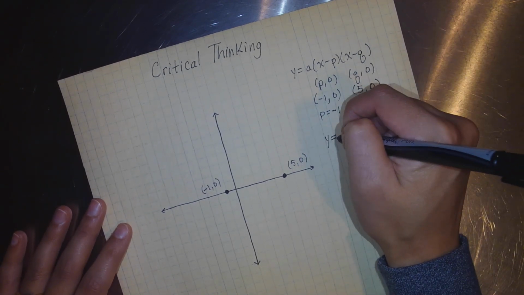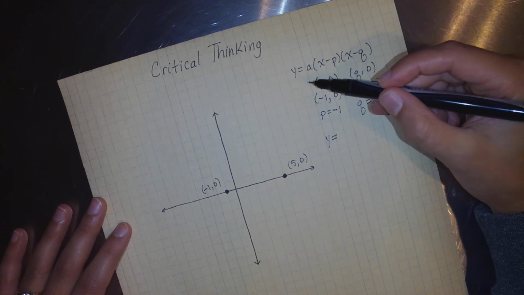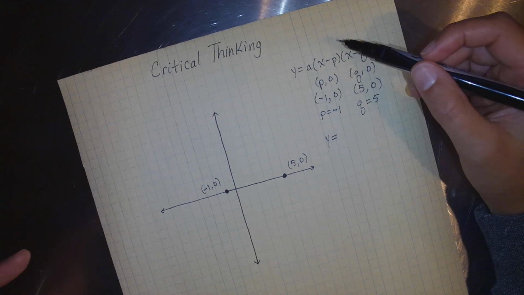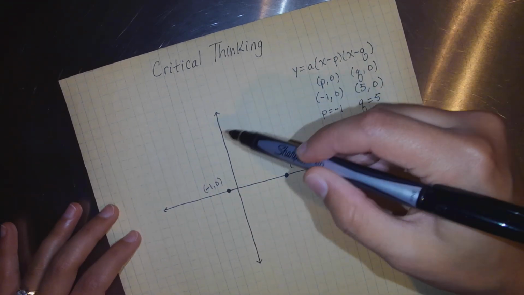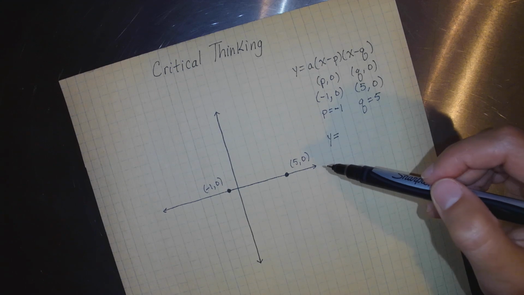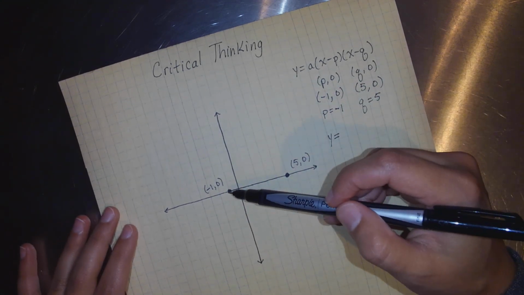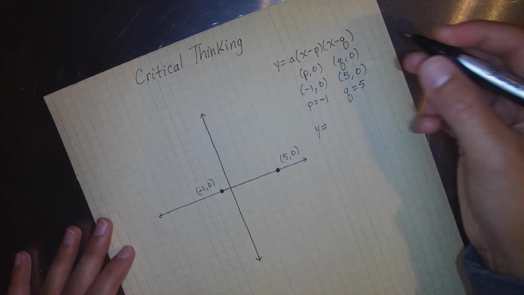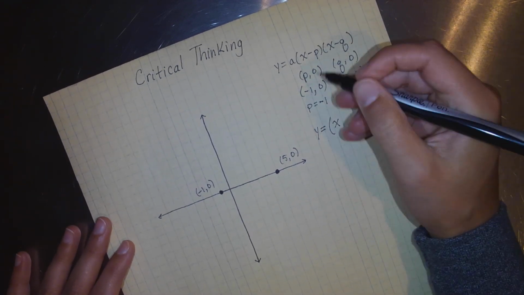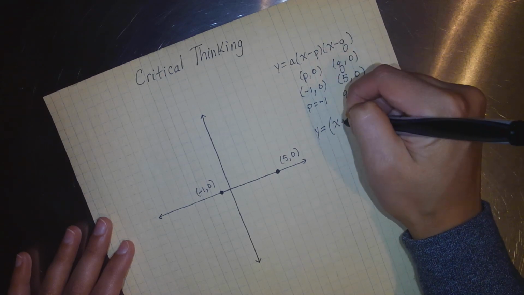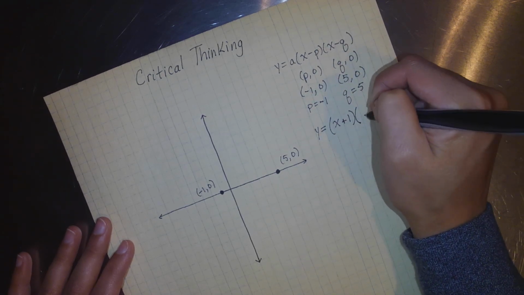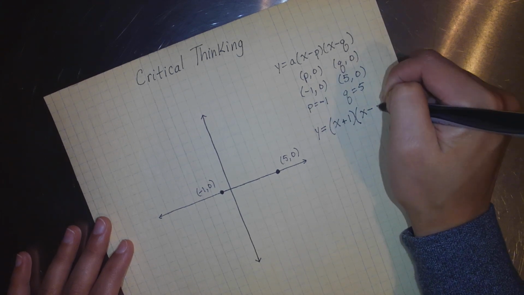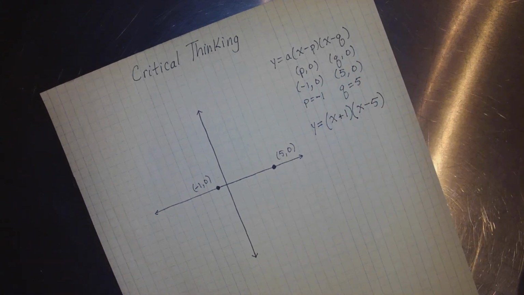I'll have y equals, the a value we don't really know, and remember that tells us if our parabola is flipping downwards or upwards. But we just want a parabola that goes through these two points, so I'm going to leave a as 1 for this example. We'll have x, and it's -1 here, so it'll become plus 1 coming back into the equation. And then x, it's positive 5 here, so it would be minus 5 back into the equation.